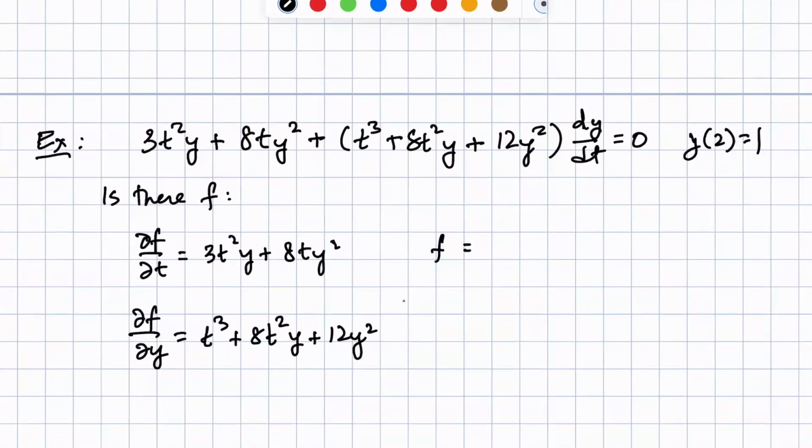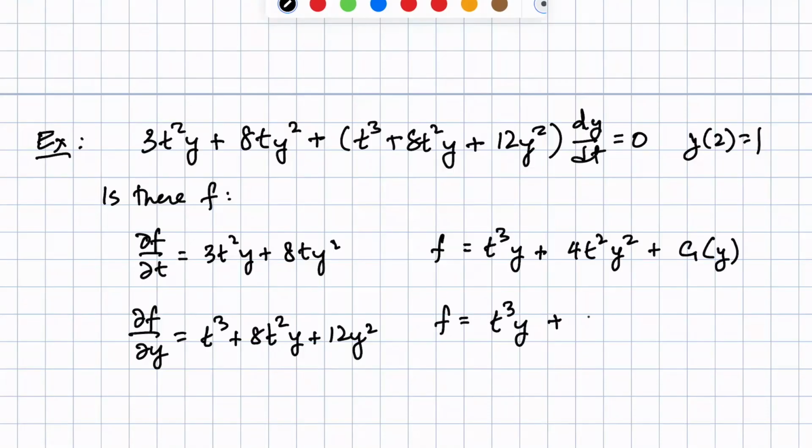So f is equal to, anti-differentiating in t, t cubed y plus 4t squared y squared plus a possible function of y. And f also has to be, anti-differentiating in y, this is also 4t squared y squared, plus 4y cubed, plus a possible function in t.